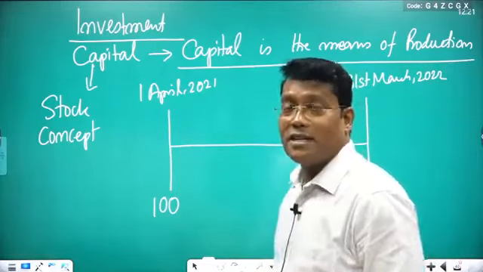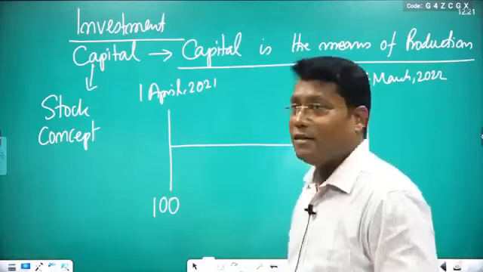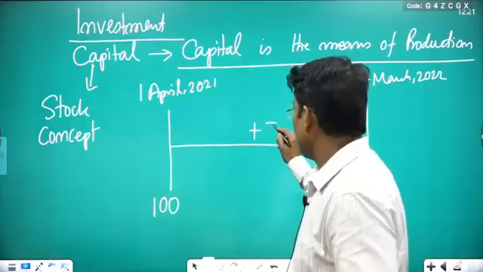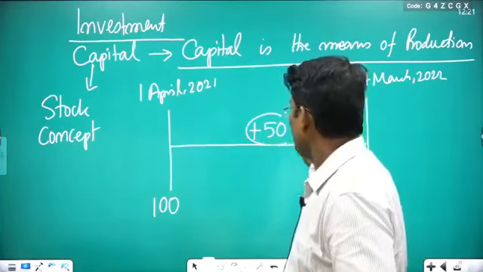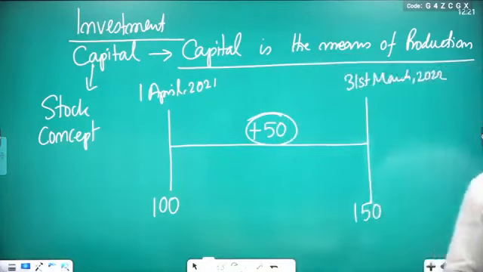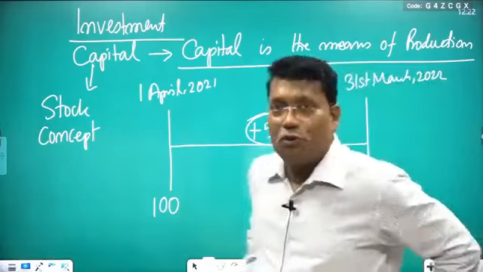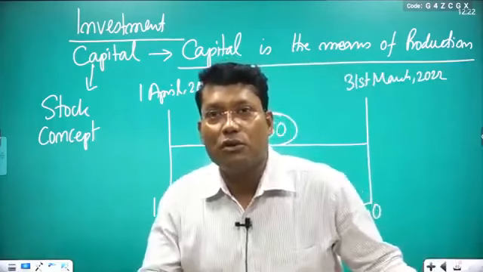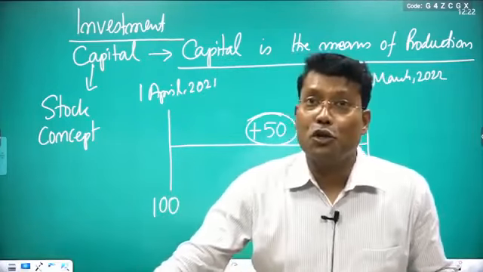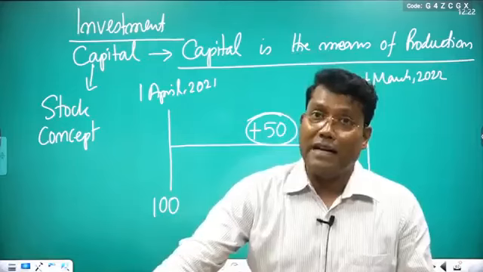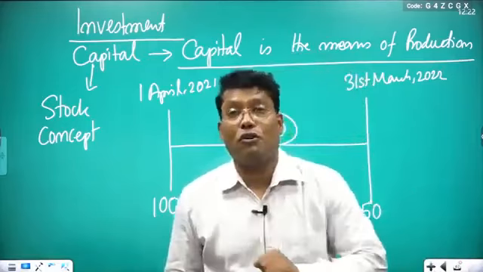Between these two periods, how much did you add? The addition is plus 50. Just check: on the first day of the fiscal year, you had capital of 100 units, but on the 31st March 2022, your total amount of capital is now 150. So during this fiscal year, you added 50 units of capital.